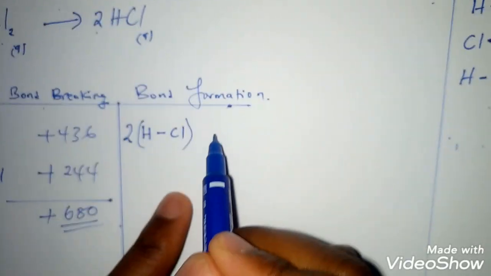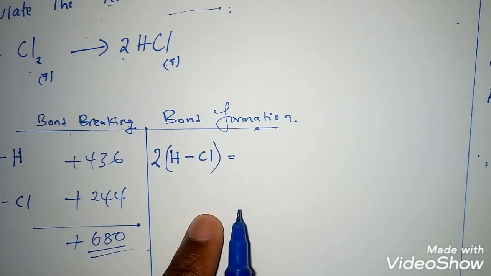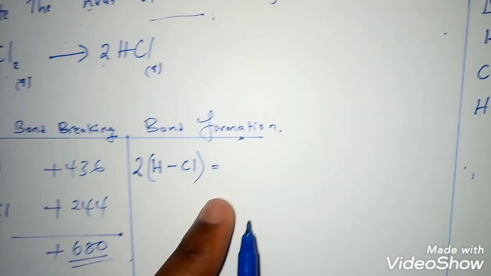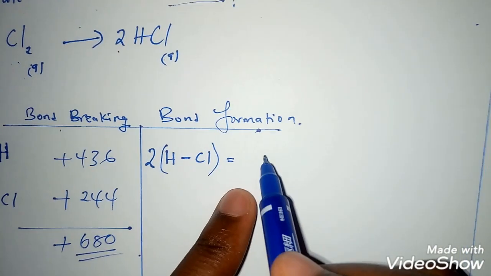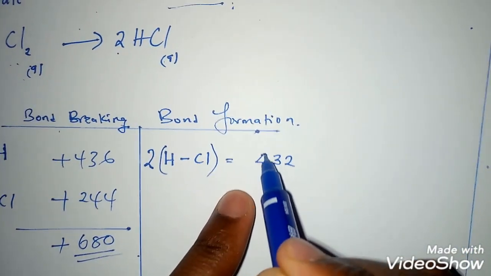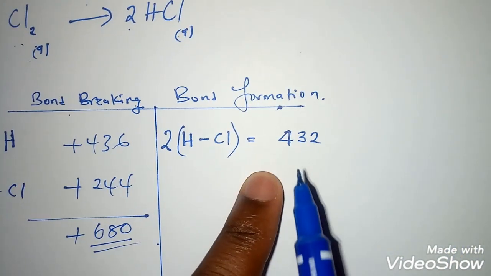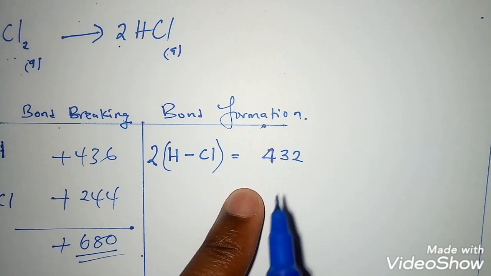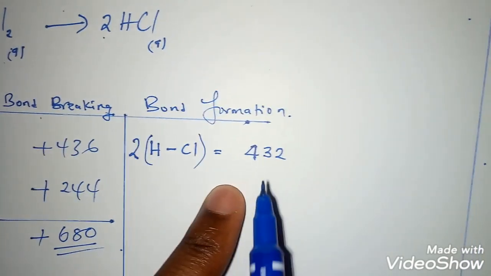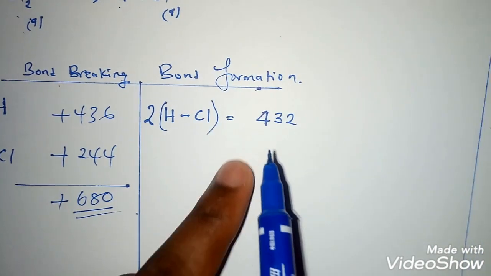Therefore, you take the same figure. What I want you to know is that the same energy that is required to break a bond is released when that bond is formed. Let me repeat that. The same energy required to break a bond is the same amount of energy released when the bond is being formed.